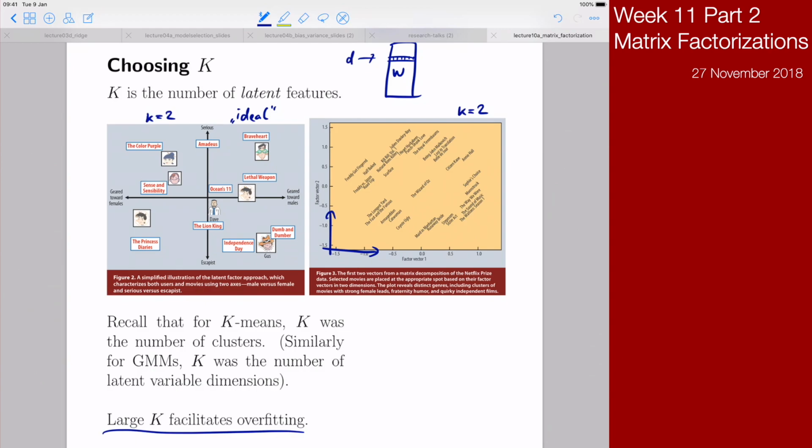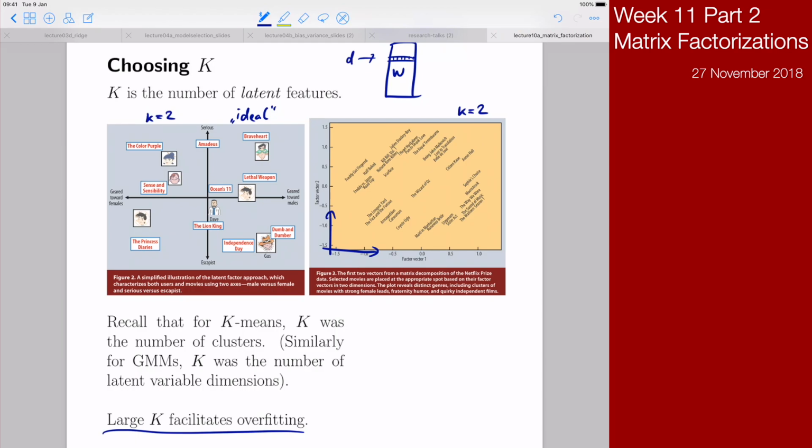So let's think a bit more about this. Can you give me an example where you could get 0 error? Now we talk about given x. Can you tell me some w and z which gets 0 error, which gets all the entries precisely correct? You can choose a very high k if you want.